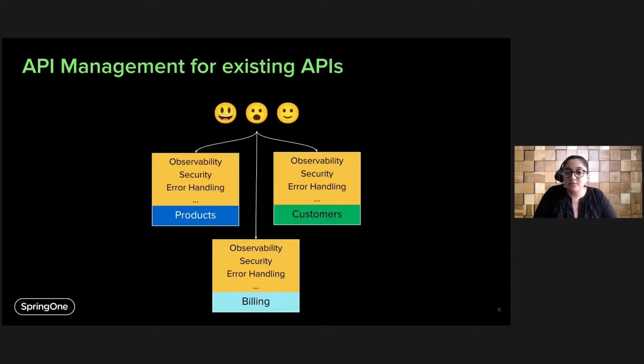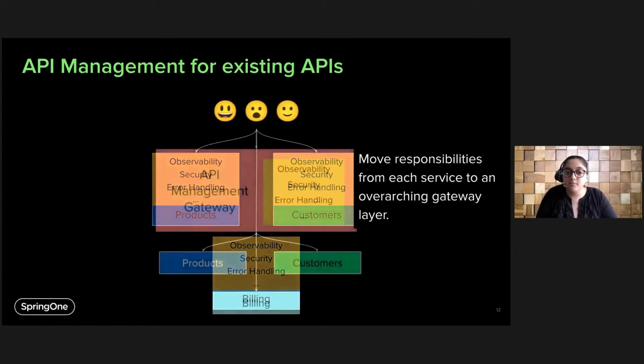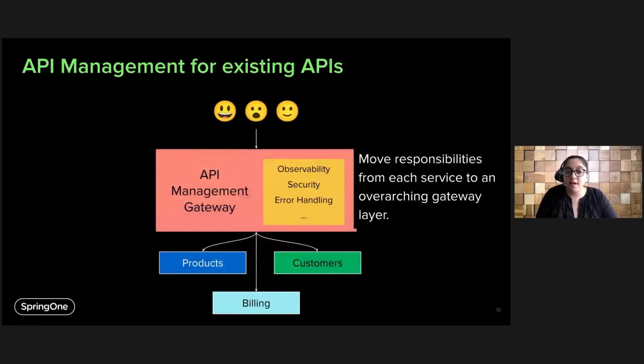So here is where you can introduce an overarching gateway for API management to solve all of these cross-cutting concerns. You can move these cross-cutting concerns and responsibilities from each individual service to an overarching gateway. This removes duplication and ensures that all of the important concerns are succinctly solved in one place.